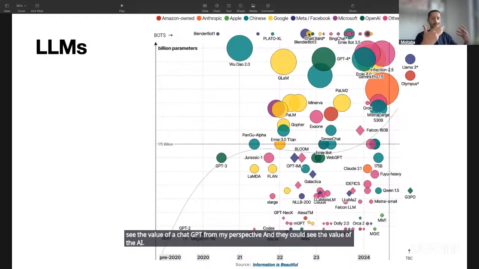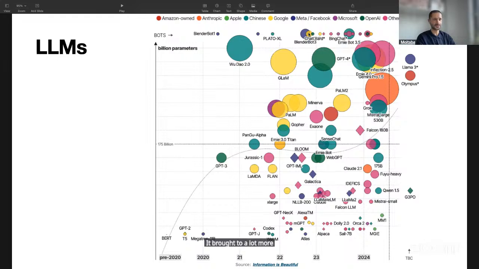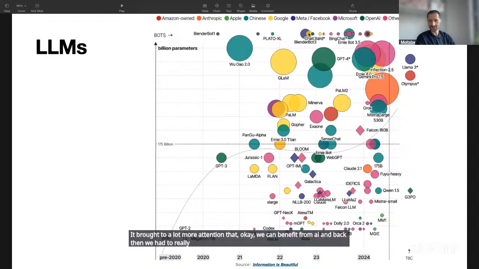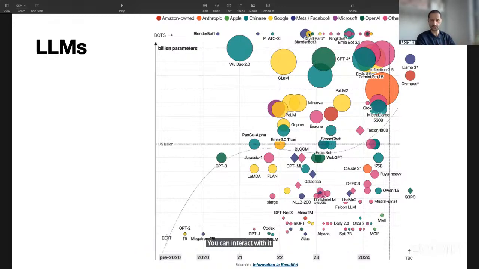It brought a lot more attention to the idea that we can benefit from AI. Back then, we really had to convince businesses that we can benefit from AI, but the results were not very tangible for them. ChatGPT brought this to their attention: you can interact with it and see how powerful it is. So that's how we evolved.